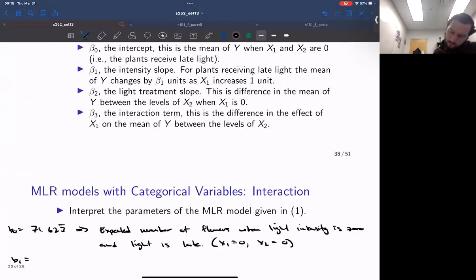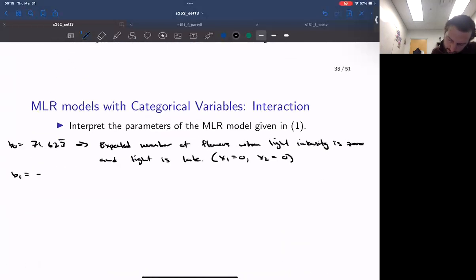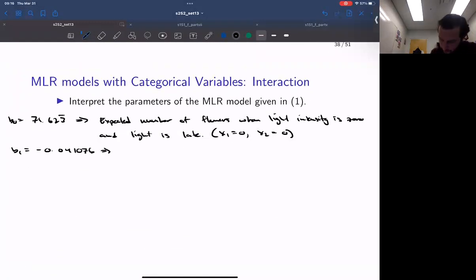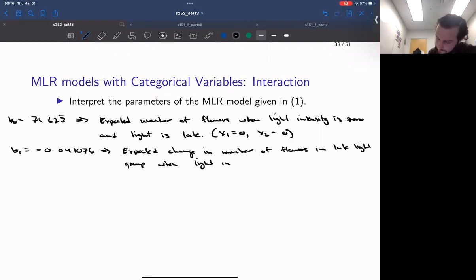Okay, B1 is negative 0.041076. So this is expected change in number of flowers in late light group when light intensity increases by 1 unit.